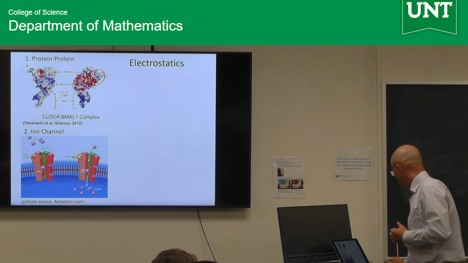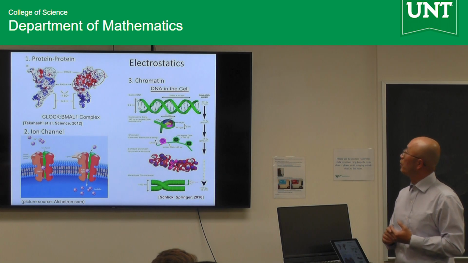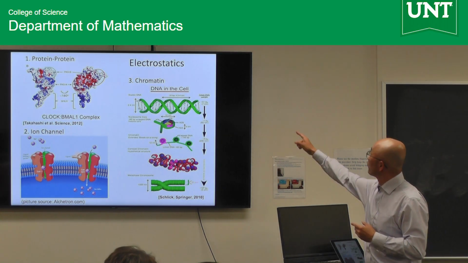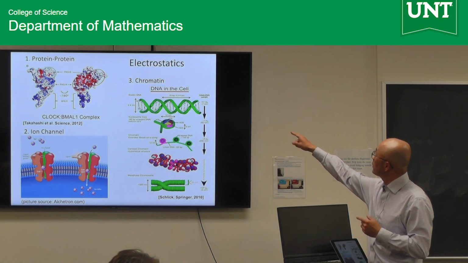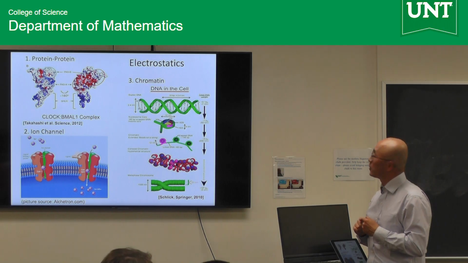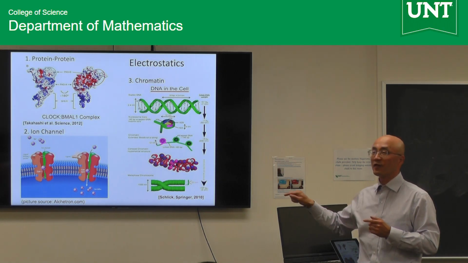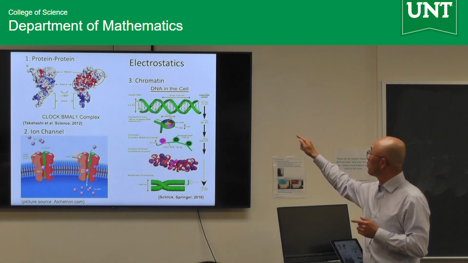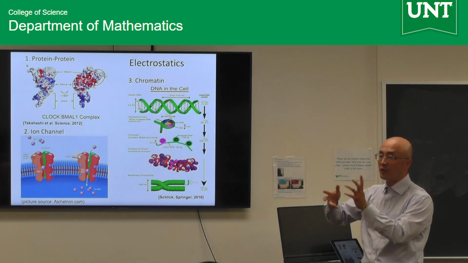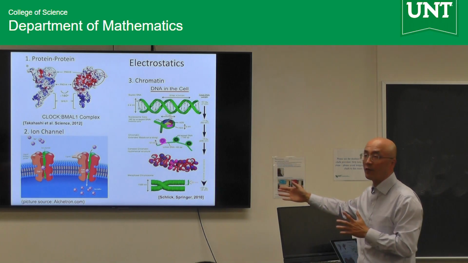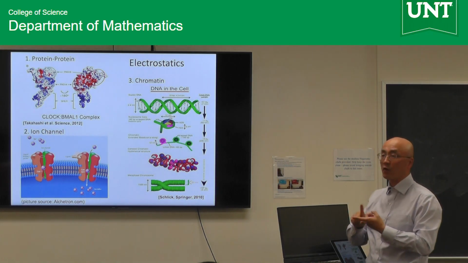Another example is chromatin. The one on the top is the DNA sequence, which is 2 meters long. Very long. But we can fold it and fold it and fold it at different levels. Eventually, it becomes what we call chromatin.